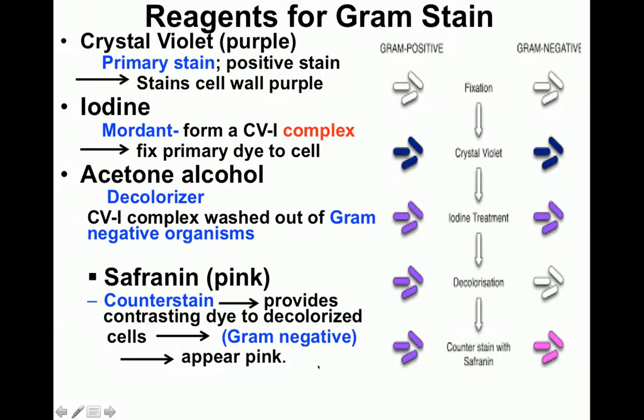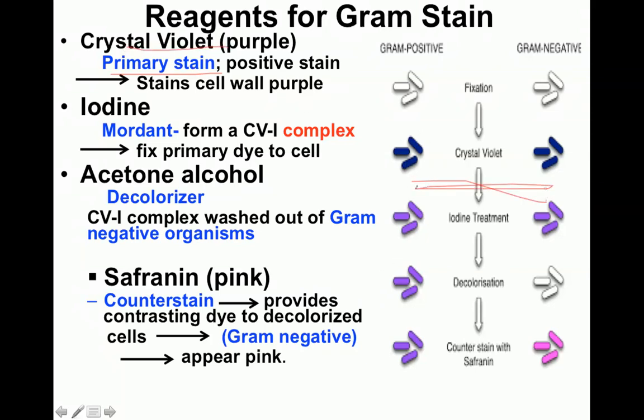The reagents which we use for gram staining: because it is a differential stain, we are using two stains. One is the primary stain, which is crystal violet, which is going to color all the organisms purple.